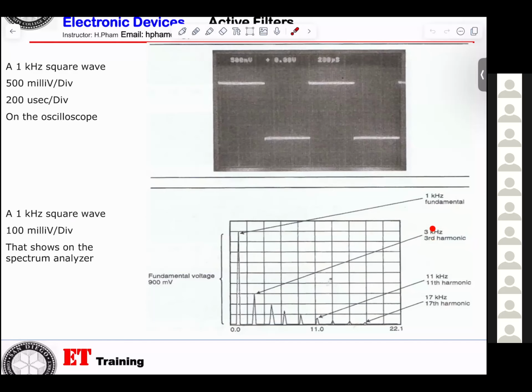Right. The thing is they're not using even. So the harmonics start at 1, 3, 5, 7, 9, 11, 13. Keep going. Okay, fifth harmonic, 7, and so on.